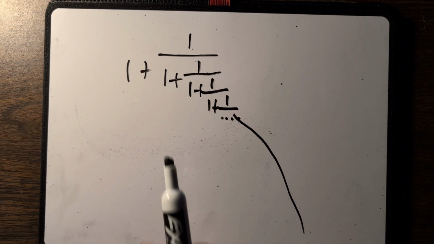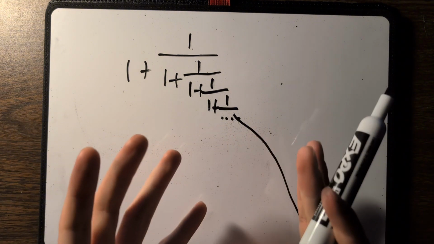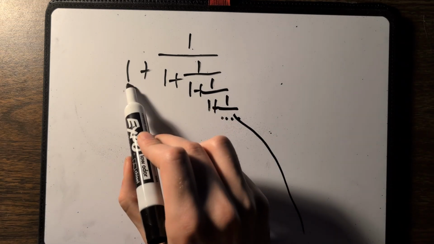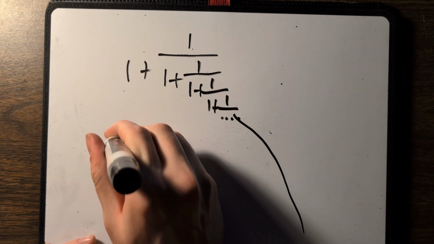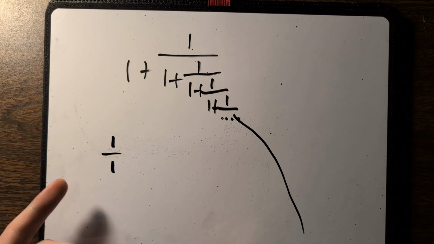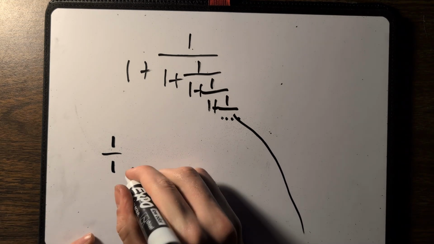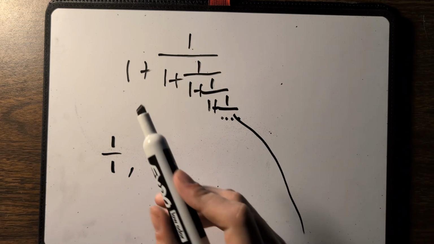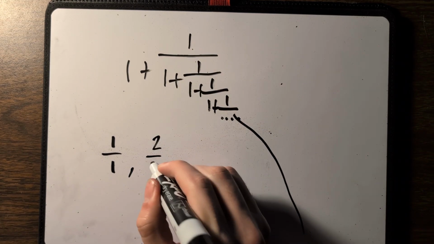If we observe the convergents of this fraction, which are just rational approximations of this continued fraction that goes on and on forever, we have the first one is just 1. I'll represent it as 1 over 1. The second one is 1 plus 1, which is 2 over 1.